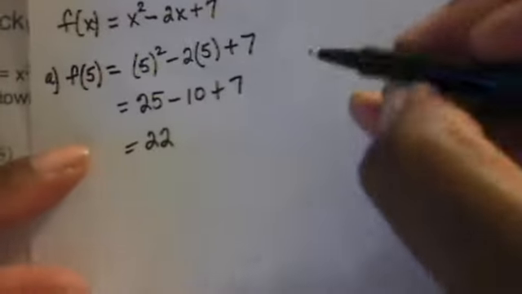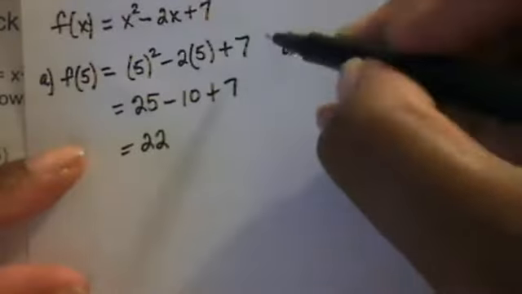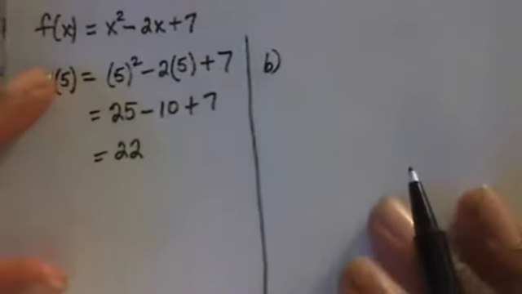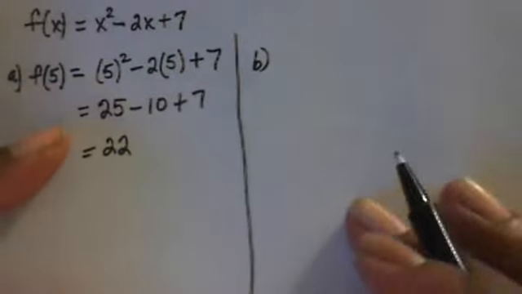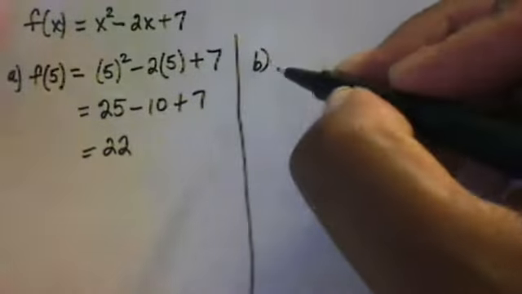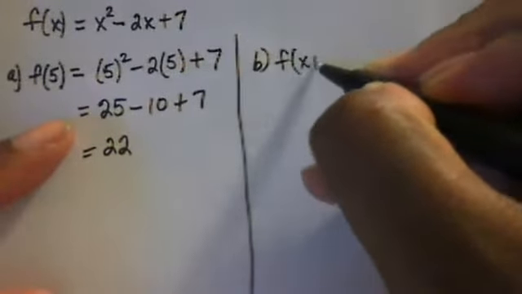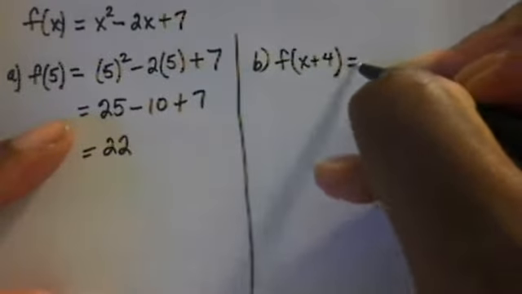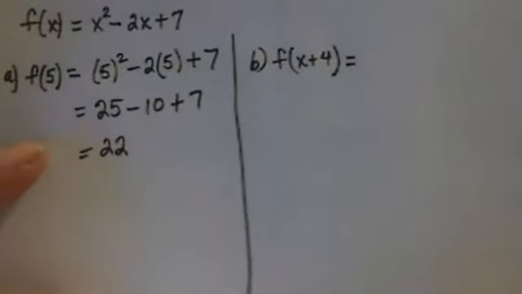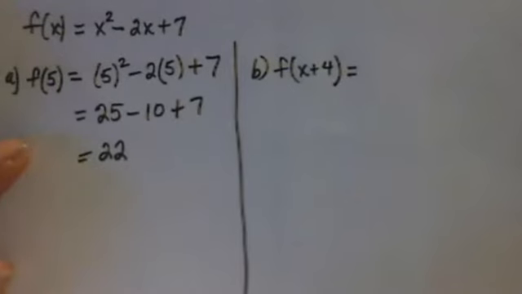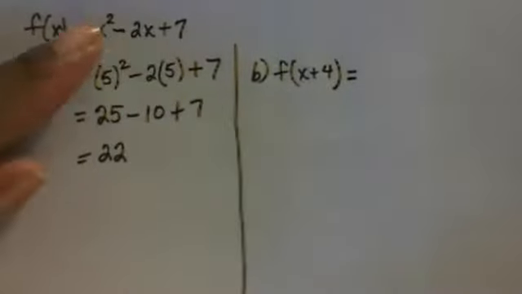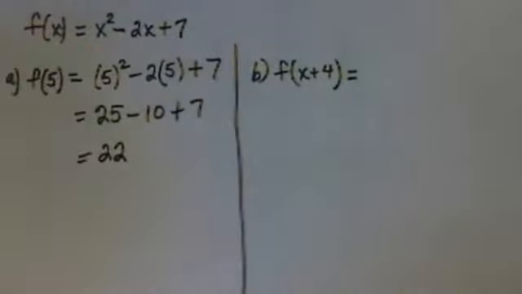Alright, part B is this. We have the same function, f of x equals x squared minus 2x plus 7, but this time we're going to evaluate f of x plus 4. It's whatever is in the parentheses that we're going to replace the x with. So each x will be replaced with x plus 4.